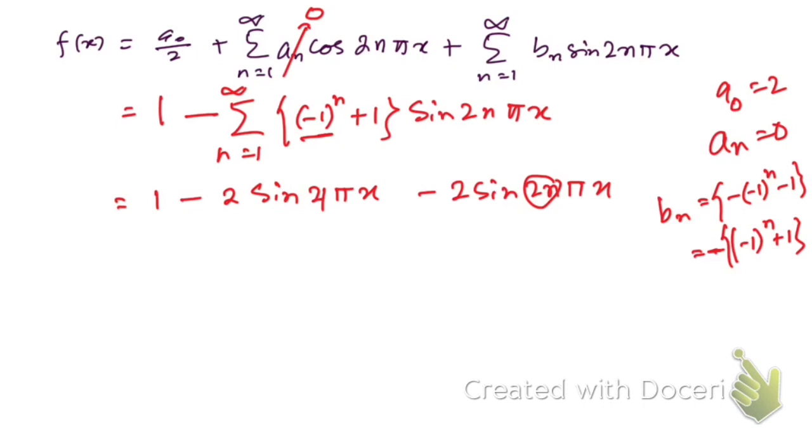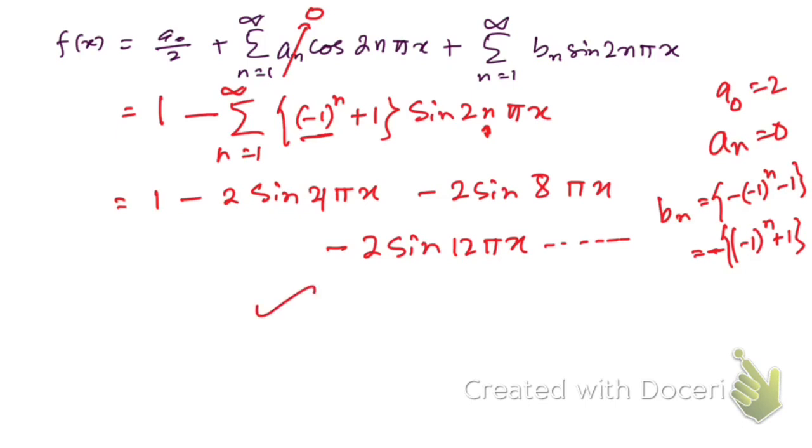And on putting n is equal to 6, then minus 2 sine 12πx, and so on. That's how we're going to proceed.